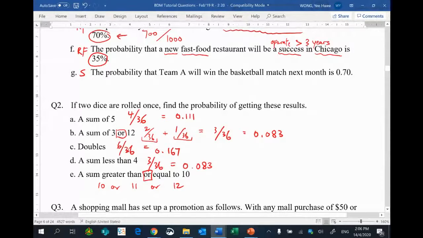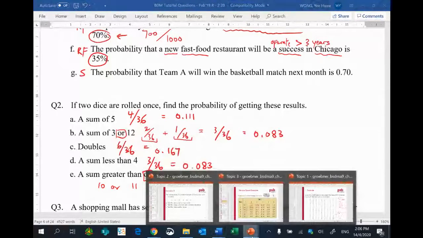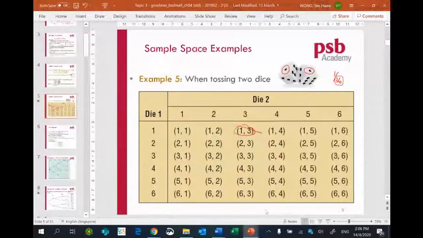So let's find out 10. Which one gives you 10? 5 and 5 give you 10. 4 and 6, 6 and 4 give you 10. What else? No more? There are 3.